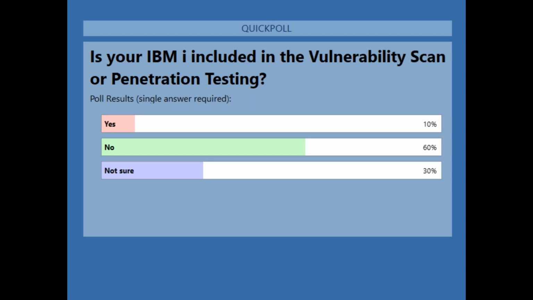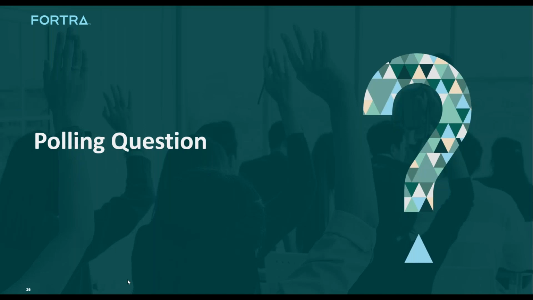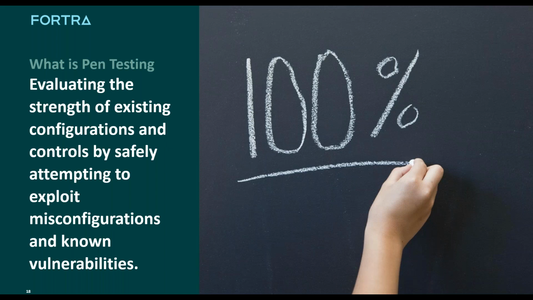So if we go to when we should pen test, now that we've talked about if you're pen testing, pen testing is truly the testing of those controls that you've put in place and making sure that they're working as hard for you as you intended.